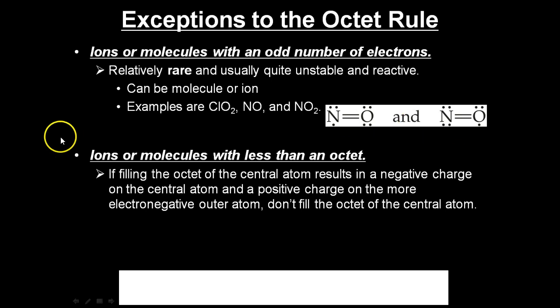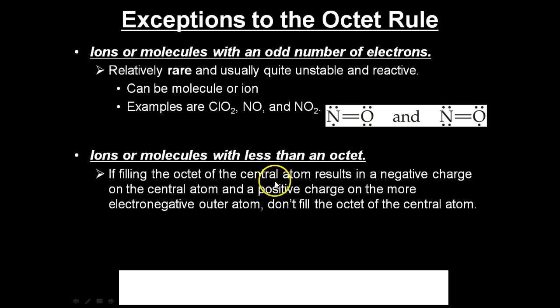Some ions or molecules have less than an octet, and oftentimes a good giveaway for this is molecules that have boron as their central atom. They will have what's called a limited octet, a number of electrons around it that's less than an octet.